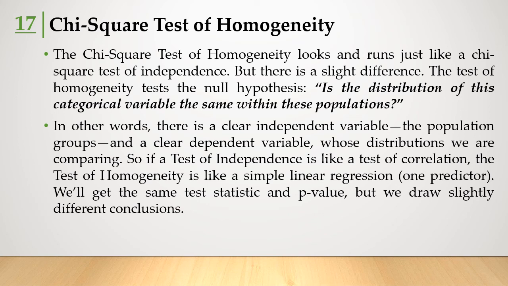So when we get to regression analysis, this is where we talk about the test of homogeneity. But for here, we just have to mention it so that we can differentiate between the three types of tests that we can have using the same chi-square statistic.